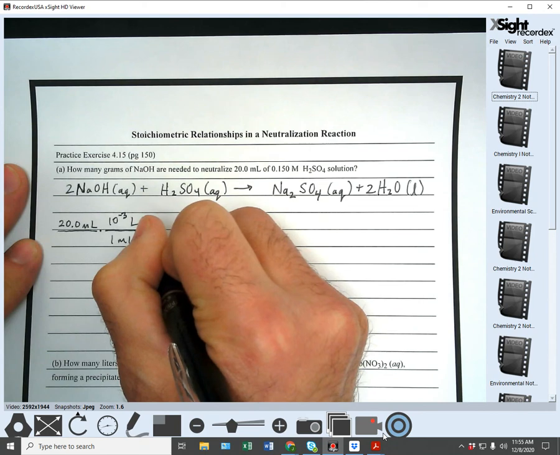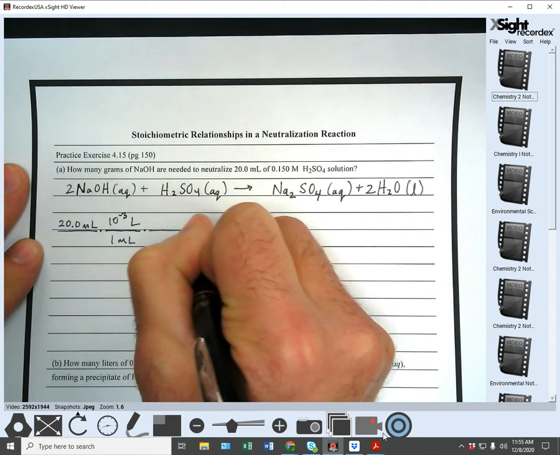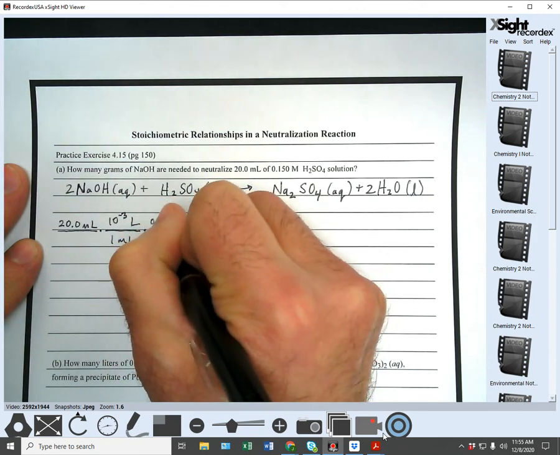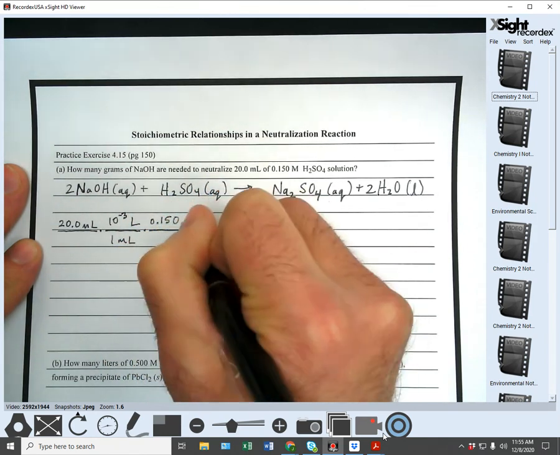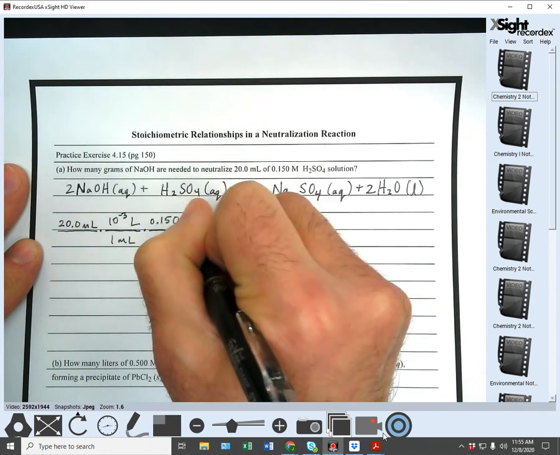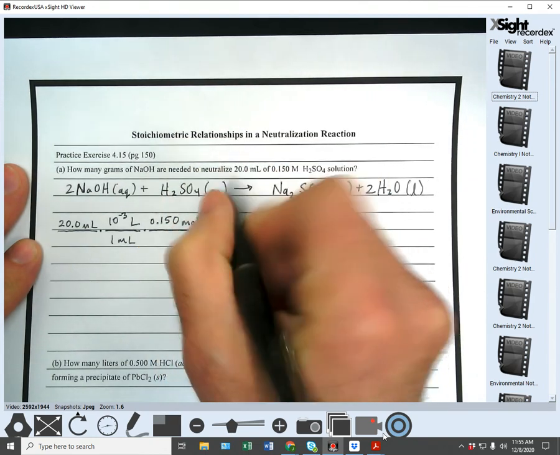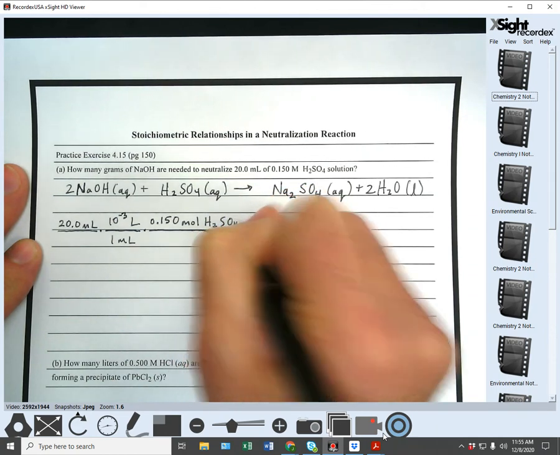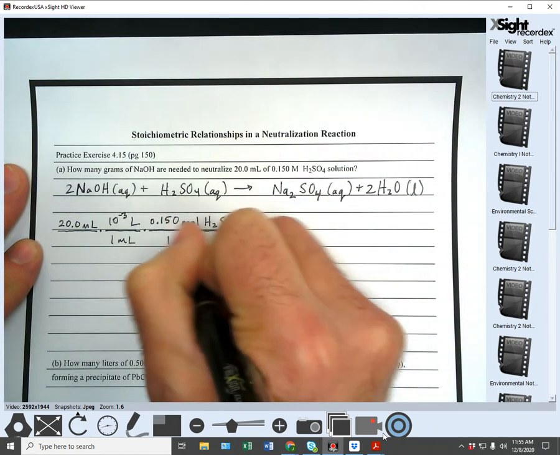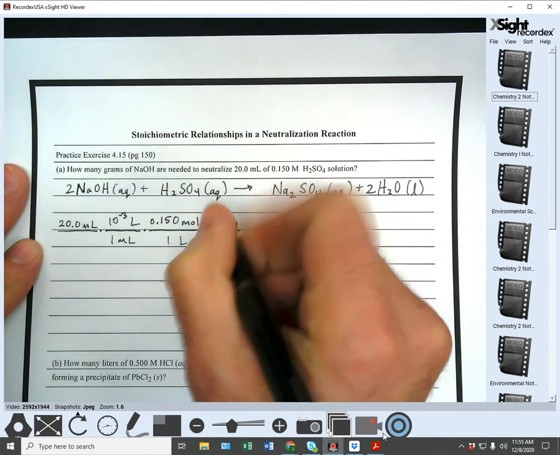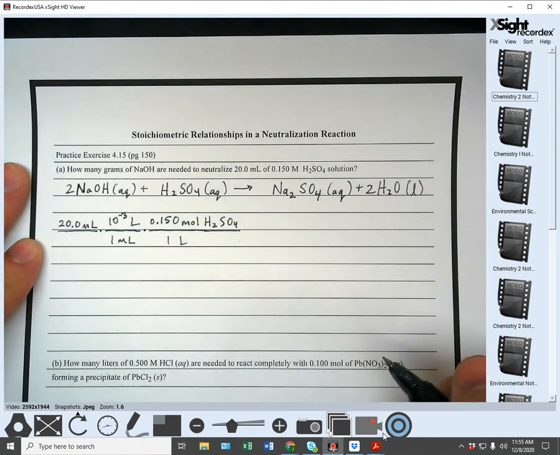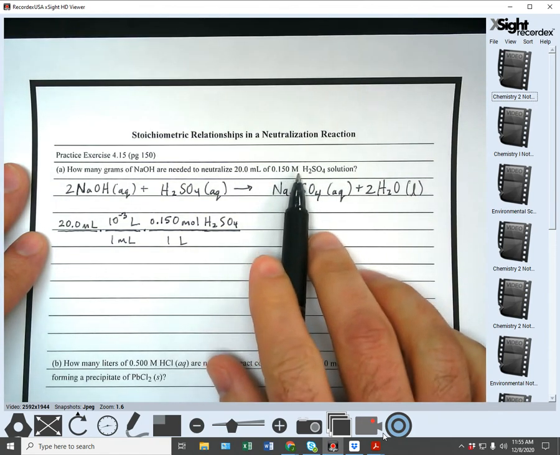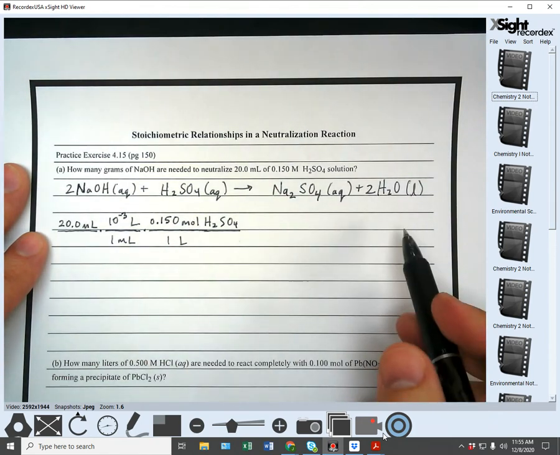Now I'm going to use my molarity as a conversion from liters to moles. I'm using the molarity as moles over liters.